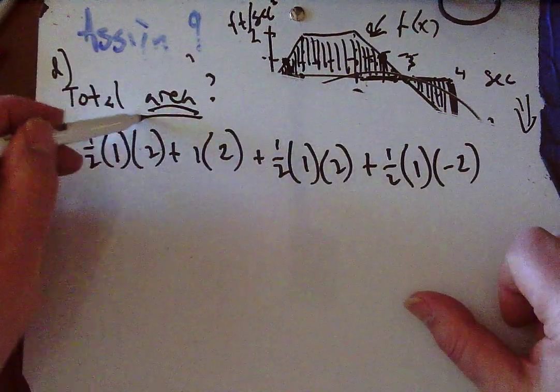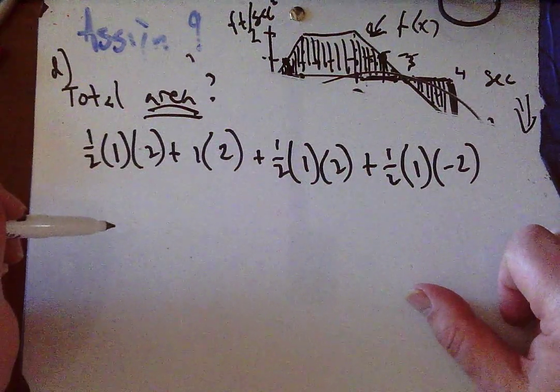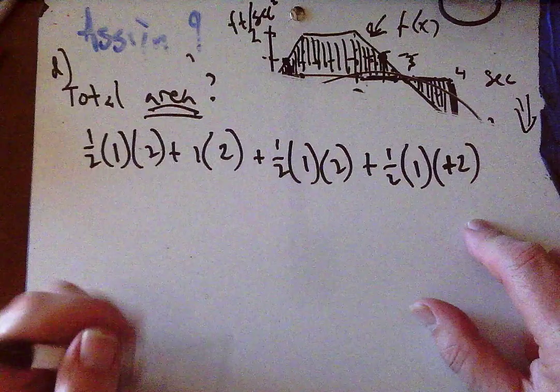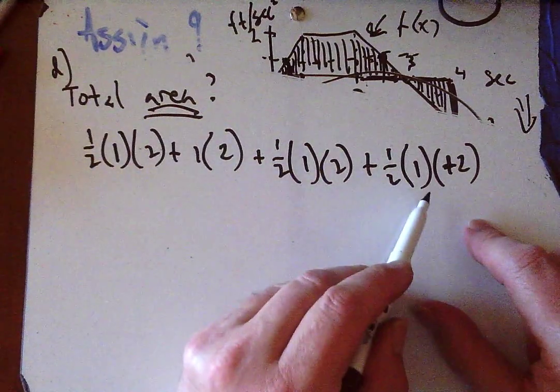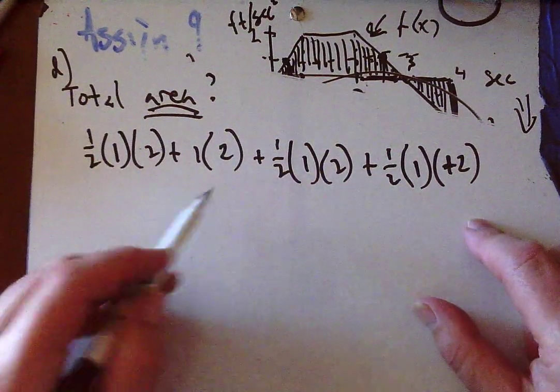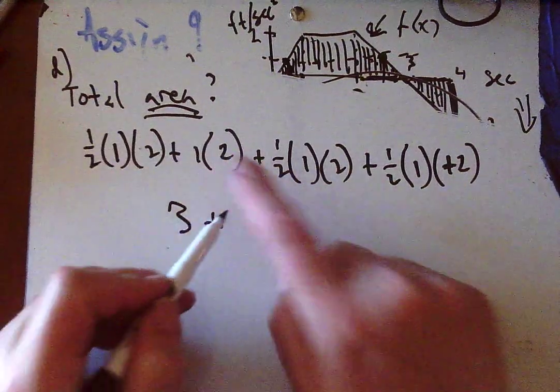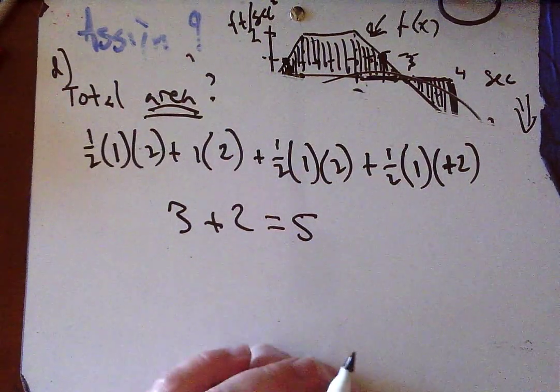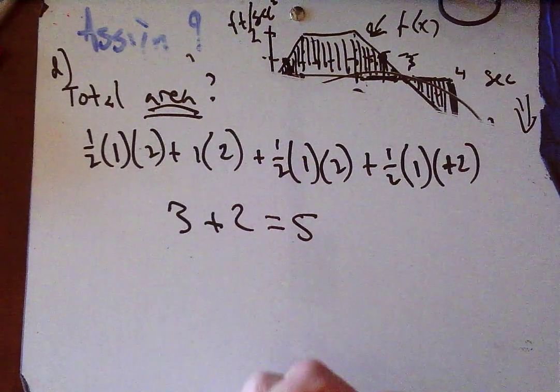Remember though, area is positive. And so I have to do that. So I've got 1, 2, 3 of the triangles plus the rectangle for a total area of 5. Okay?